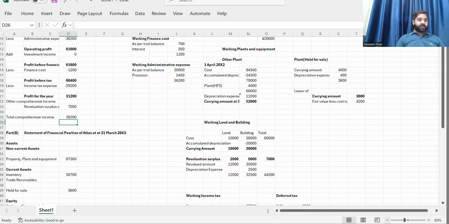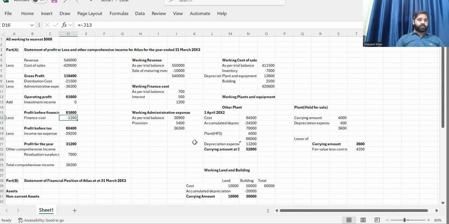First check the statement of profit or loss, then we will proceed toward the statement of financial position as well. It's the complete picture of statement of profit or loss and other comprehensive income.